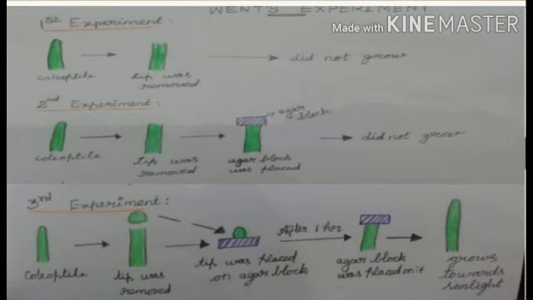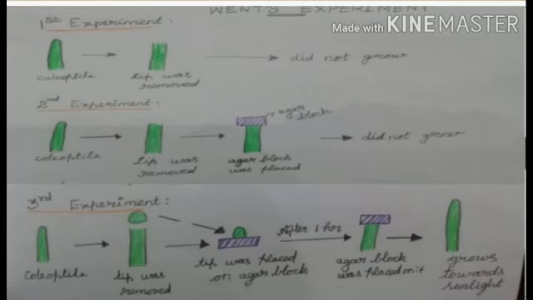We can see the diagrammatic representation of Went's experiment. In his first experiment, he took a coleoptile, removed the tip, and it did not show any growth. In his second experiment, he took a coleoptile, removed the tip and then placed the agar block on the decapitated tip. The agar block contains nutrients, so he kept that agar block on the decapitated tip.